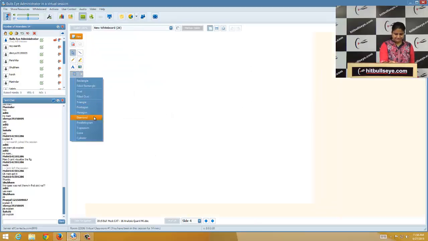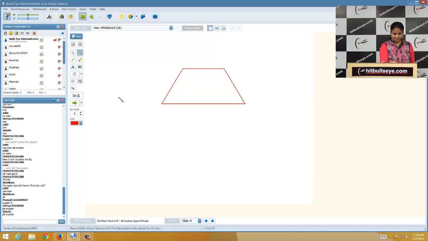Before explaining this, let us see one formula. So there is a line. Say this length is A, this length is B, and there is a line parallel to the 2 parallel lines, dividing the non-parallel side in the ratio m:n.